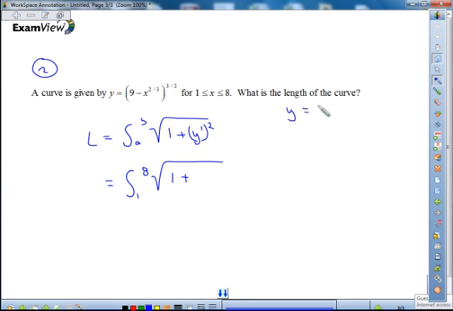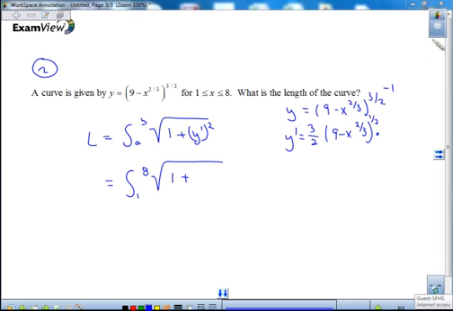Since y is 9 minus x to the 2/3, my derivative is the derivative of the outside, so I'm going to subtract 1, times the derivative of the inside.